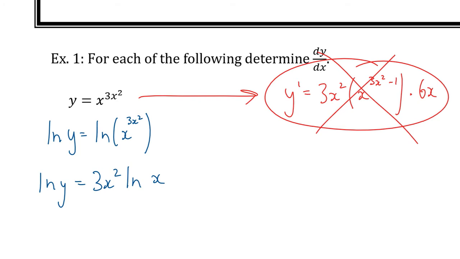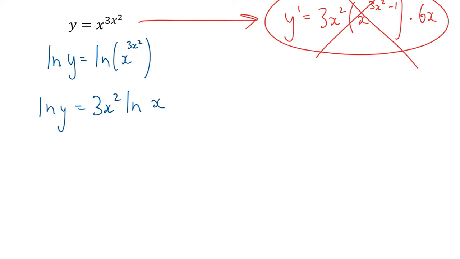But man, look at that. That is unbelievably useful. And now we have to take the derivative of this, and that's why it's implicit, because now I have a function in terms of y on the left side. And when I take the derivative of that, it's 1 over the argument times the derivative of the argument, which is dy by dx.